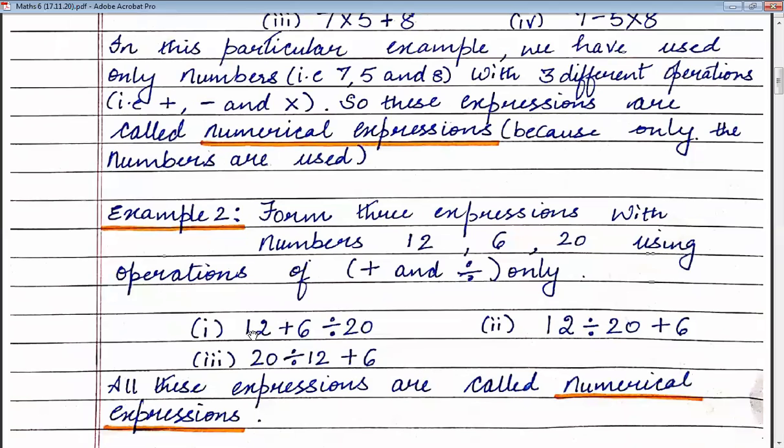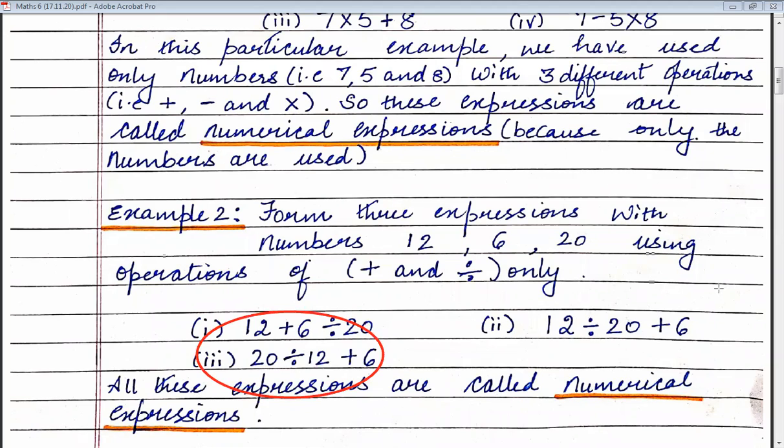The first one is 12 plus 6 divided by 20. Now second one, 12 divided by 20 plus 6. Third one, 20 divided by 12 plus 6. Now children, in these expressions also, we have used only numbers.